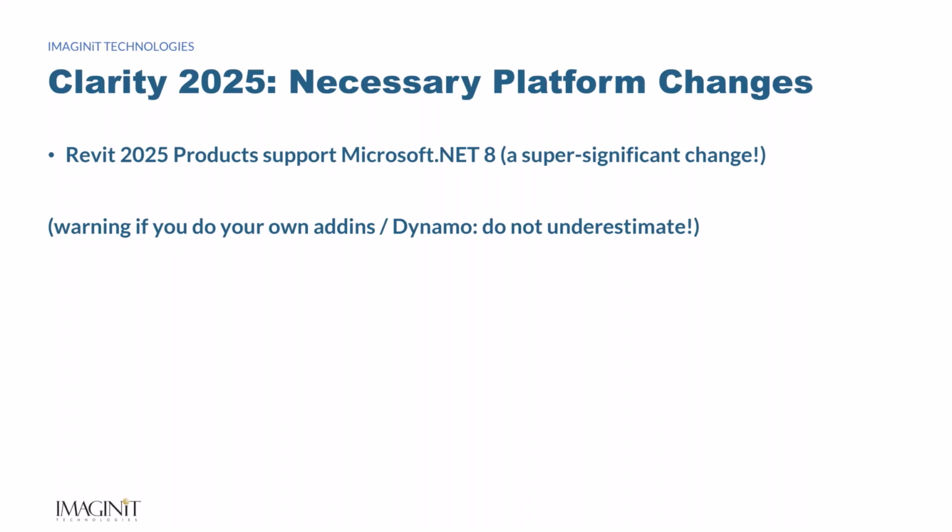So it was a massive undertaking on our part. If you do have your own add-ins or Dynamo nodes or anything else like that, don't underestimate the amount of effort required to upgrade and support Revit 2025. We certainly underestimated it. It wound up being quite a lot.